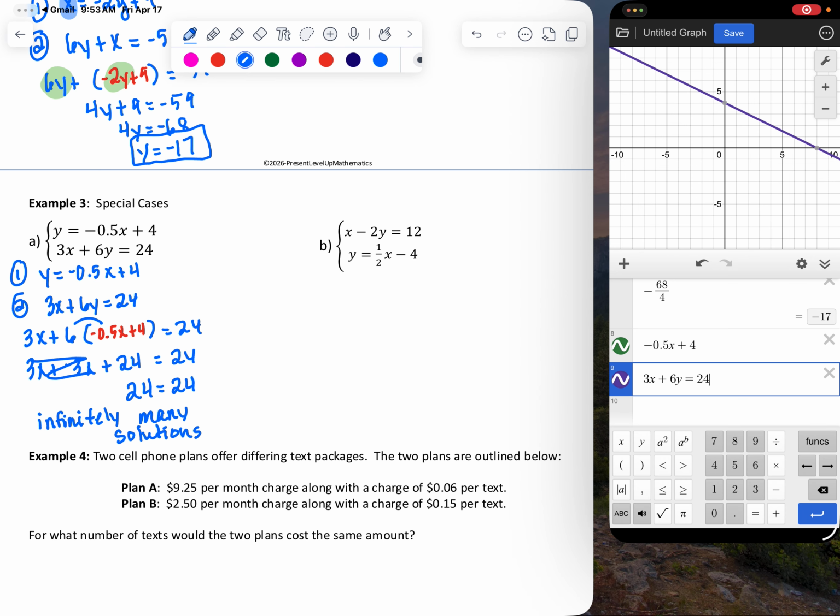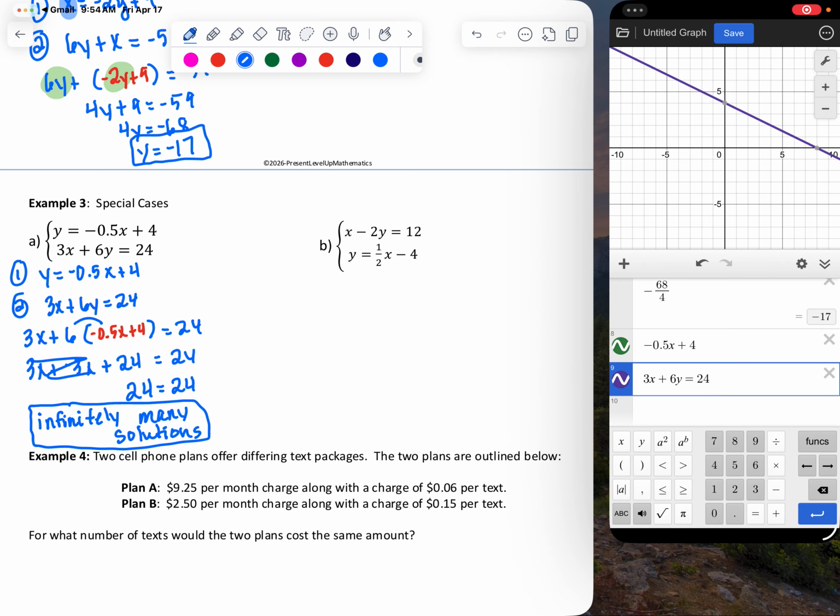Do you see how it landed right on top of the line? So these are the exact same line, which means everywhere they land on each other, that is a solution. So this is infinitely many solutions. Infinitely many solutions occurs when your variable disappears and you're left with two numbers that are equal to each other.